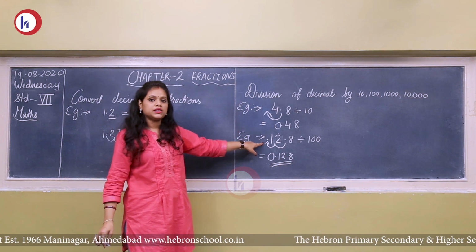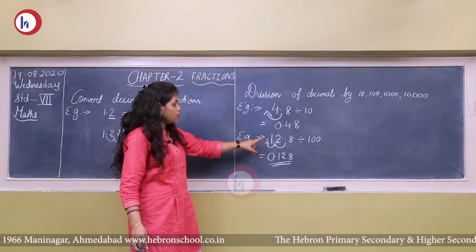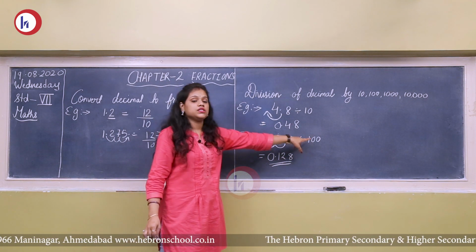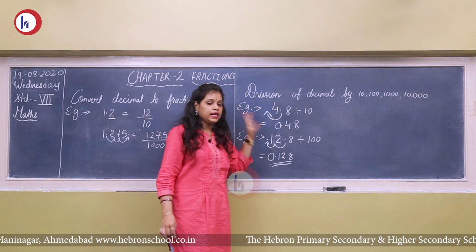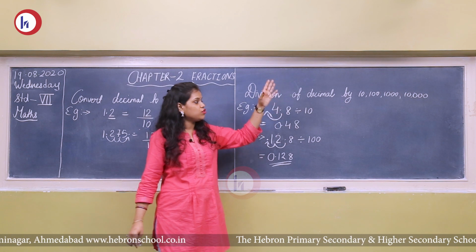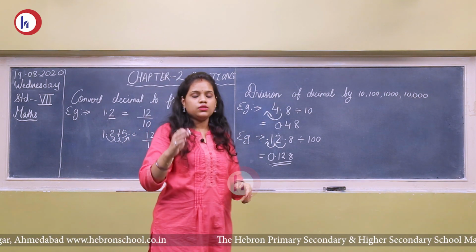Whenever you have to put a decimal and there is no number available, you will put 0. So 12.8 divided by 100 will give you 0.128 as your answer.